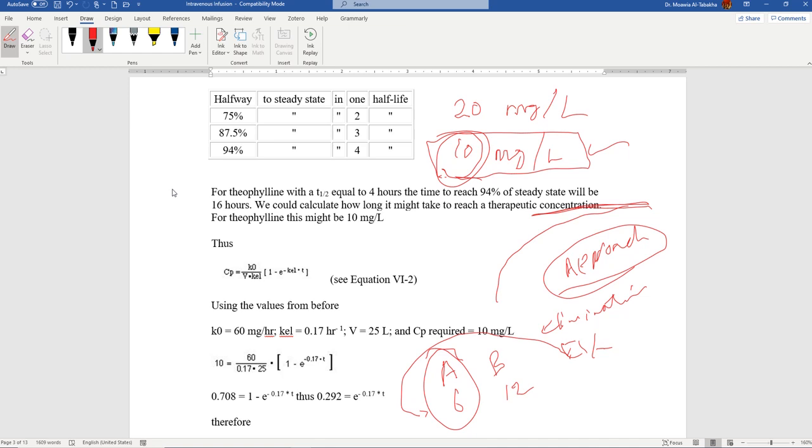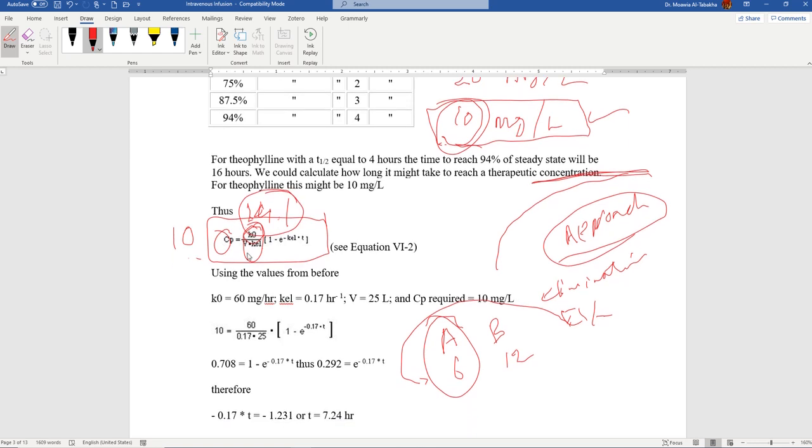Okay, I can do that. I can use this equation, the infusion equation, and see when I will reach 10 milligram, provided that I use 60 milligram per hour. In this case the CPSS is 14.1, so 10 is equal to CPSS, which is 14.1, from the previous example, multiplied by 1 minus e to the power of minus KL t.